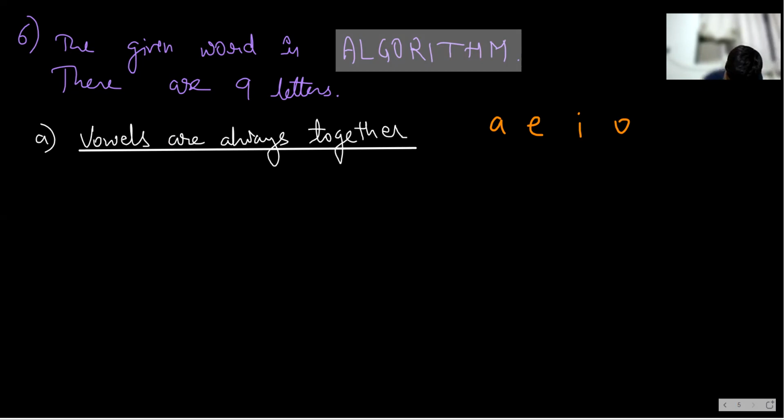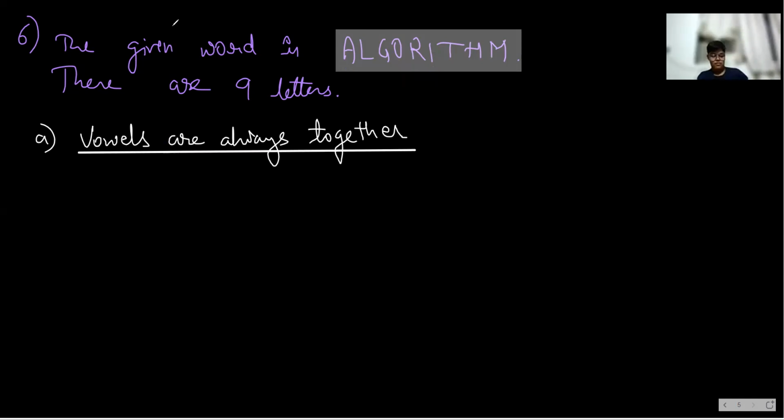In this algorithm, we have the vowels A, O, I. We have 3 vowels, A, O, and I. So here I will write, I'm beginning with the answer, there are 3 vowels, and what are they?